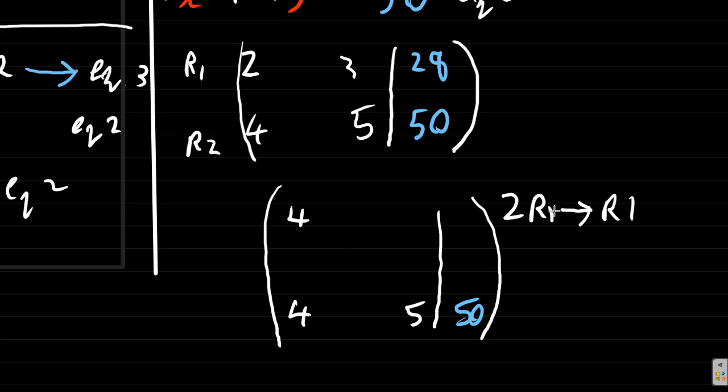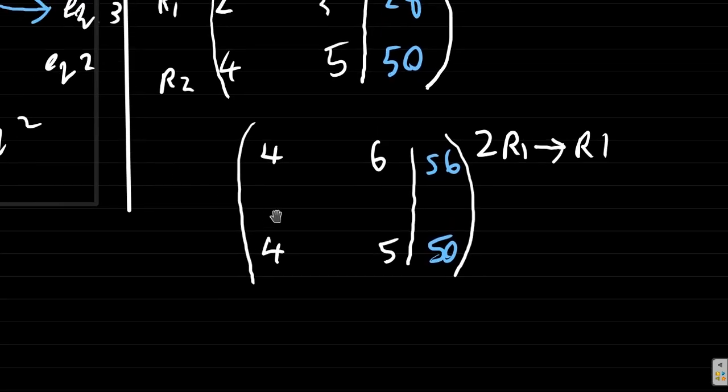So you keep calling it row 1, no matter how it changes. Row 2, you still keep calling it row 2, no matter how it changes, because there are only 2 rows. 3 times 2 is 6. 28 times 2 is 56. So you have 56 here.